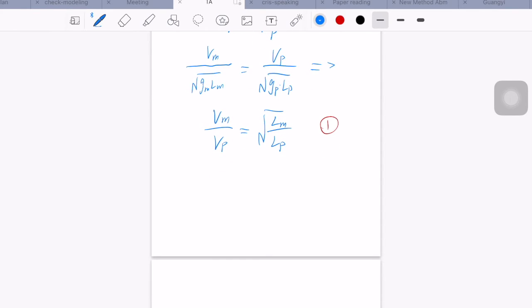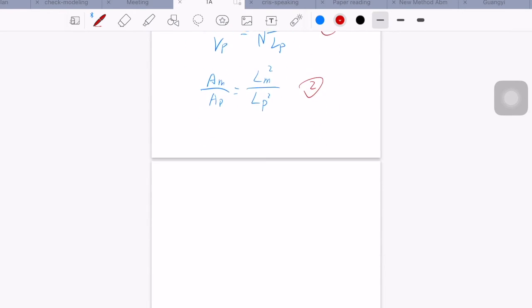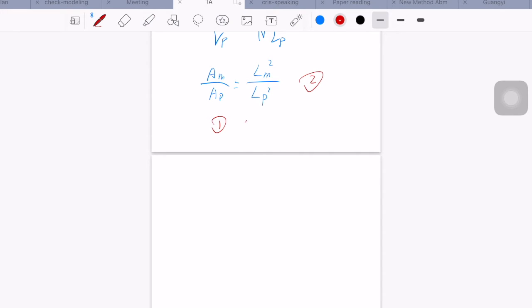We also know Am over Ap should be equal to Lm squared over Lp squared. We call this equation 2. Multiplying equation 1 by equation 2, we get that Qm over Qp should be equal to Lm over Lp to the power of 5/2.